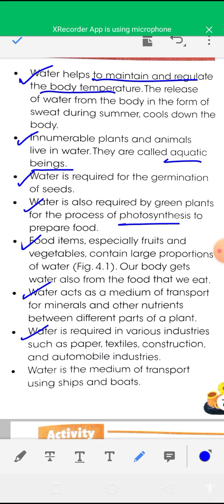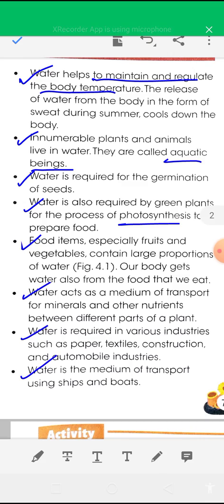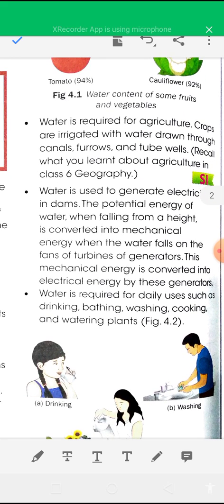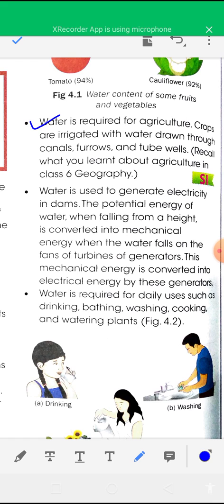Water is required in different industries such as the paper industry, textile industry, construction, and automobile industry. Water is the medium of transport using ship and boat. Water is required for agriculture. Crops are irrigated with water drawn through canals, furrows, and tube wells.